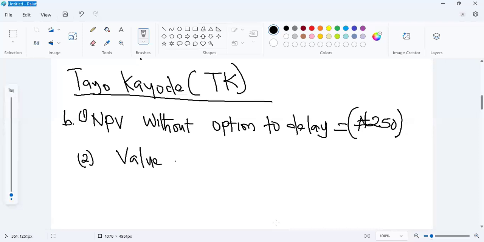value of call option. Now state the formula for call option.